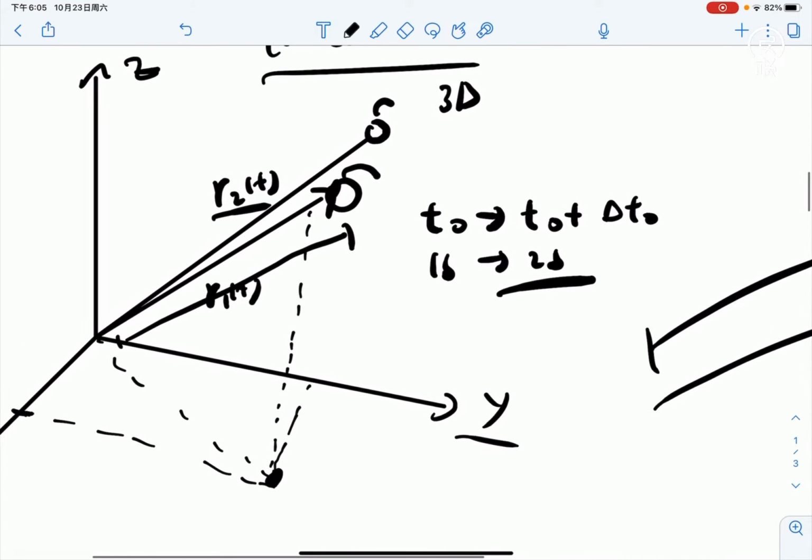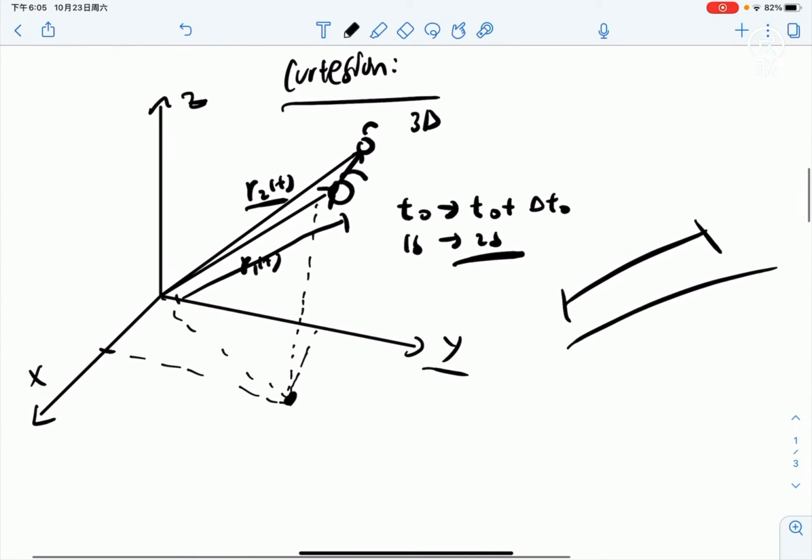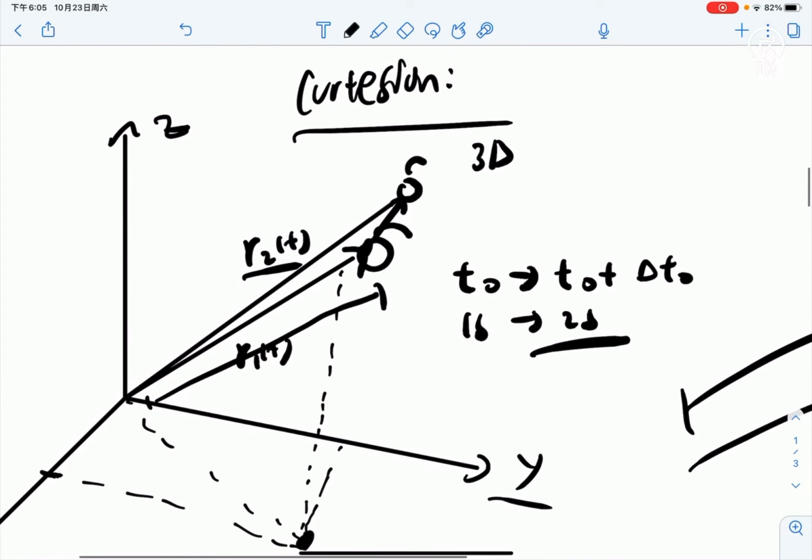Now for the vector, we can see that r2(t) minus r1(t) is equal to this vector.